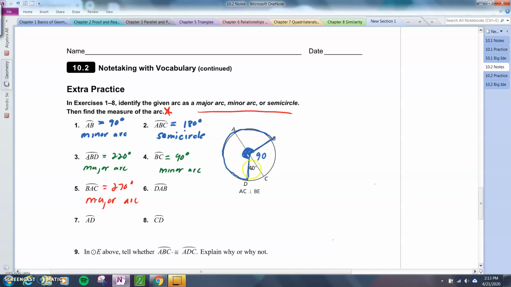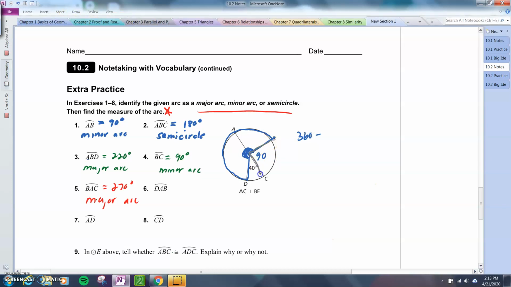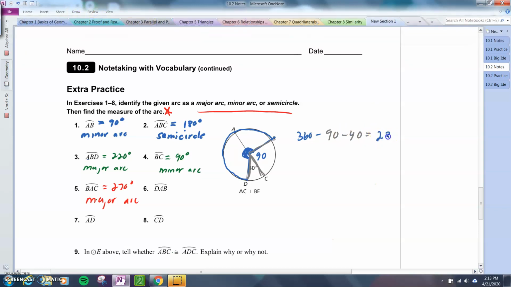So we can think if the whole thing was 360, we're taking out this piece of 90 and this piece of 40 to figure out what DAB is. And that's going to leave us with 230, I believe. And another major arc, because it's over 180 degrees. Alright, now we're looking at AD. How do we find AD?